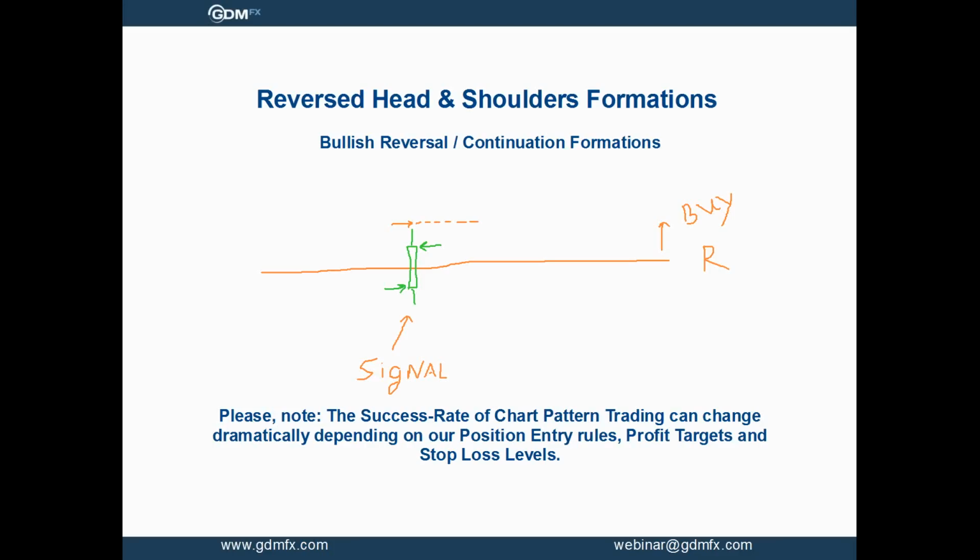So after we identify our signal candle, we look for the next candle to do something like this. We needed to proceed higher than the highest extreme of the signal candle. And we call this a confirmed breach.